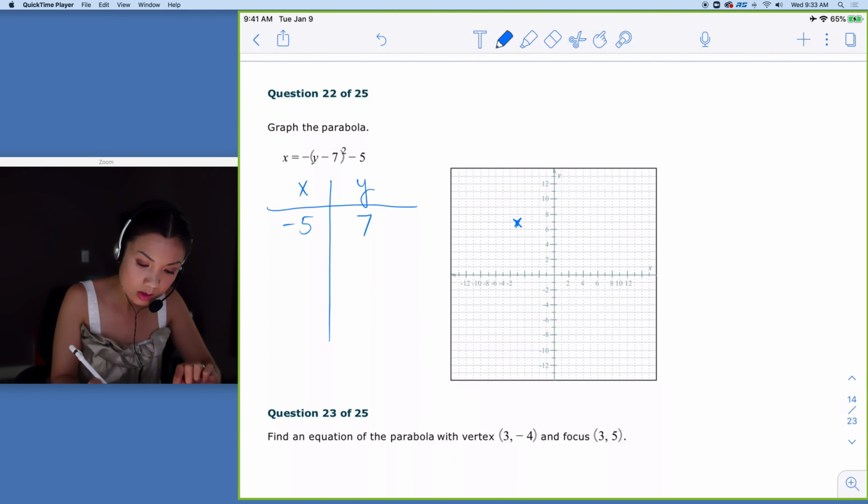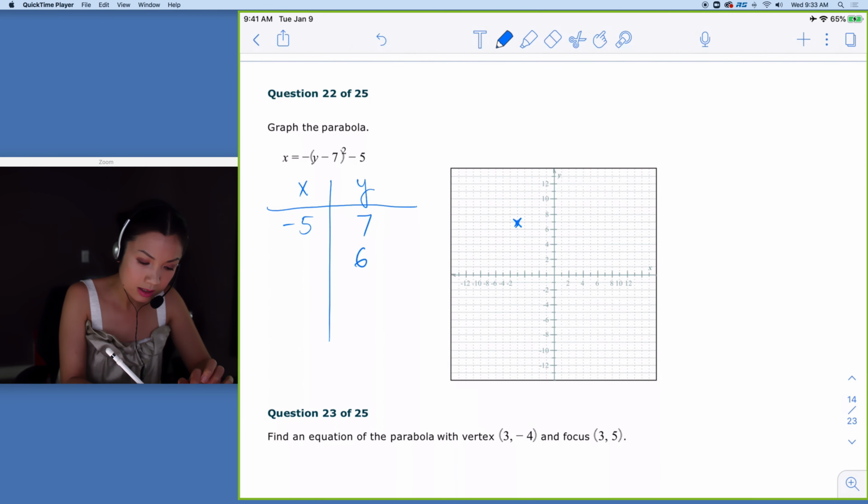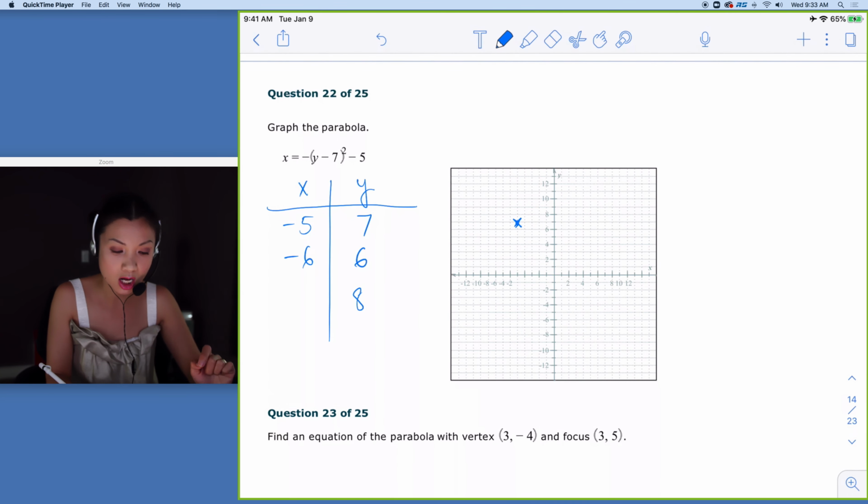Okay, so when y equals 6, what happens? You plug it in. 6 minus 7 is negative 1. Negative 1 squared is still 1. And then we have negative 1 minus 5 is negative 6. Now, if you pick 8, you should get the same number.